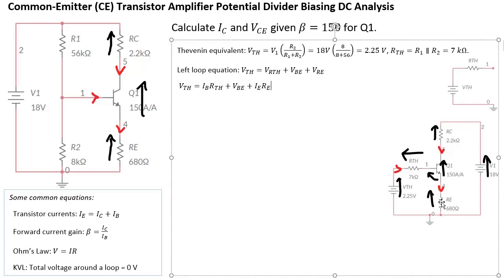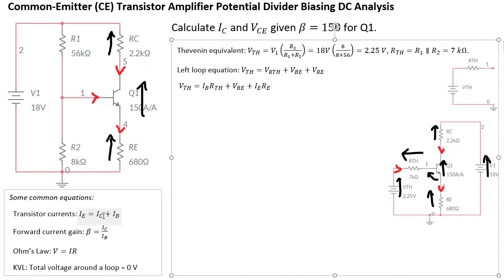So what we can do is, we have these two sets of relations, so we can actually do something about it. If you look at IE, IE is equal to IC plus IB. But then we can replace IC with IB times beta. So then IE can be written completely in terms of IB.